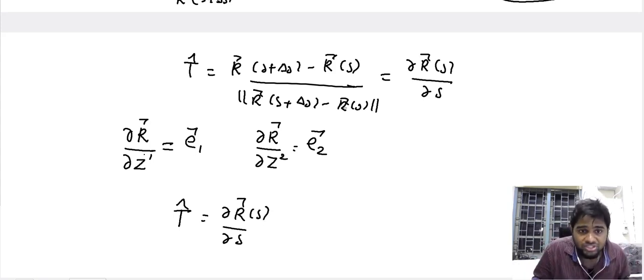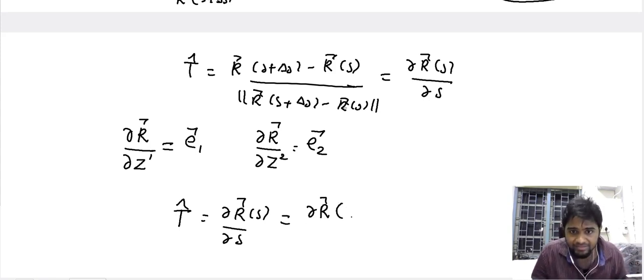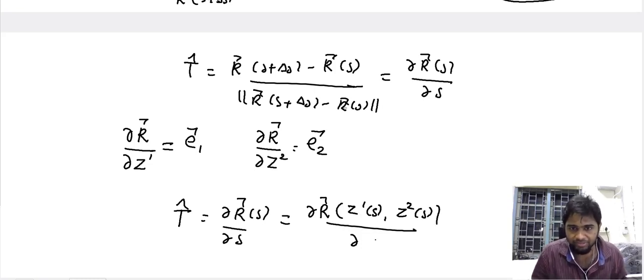Now we have also established that the position vector is also dependent on the generic coordinate system that we have introduced. So essentially it means that the r vector is a function of z1 and z2, which are in themselves a function of s, and here we are considering the partial derivative.